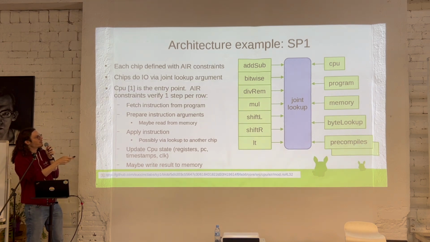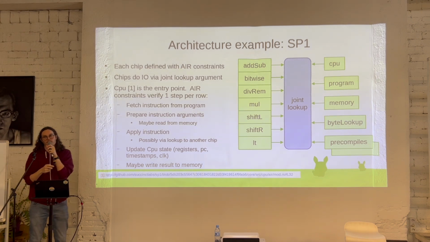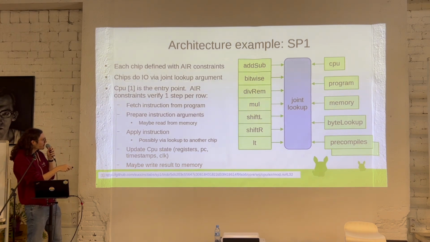Some of these instructions will be implemented in the AIR constraints of the CPU, but more complex instructions will be implemented in other AIRs, so they will be verified by lookups. And then the AIR itself will verify the instruction. Then the CPU state will be updated, and possibly the result will be written to memory, again with a lookup.